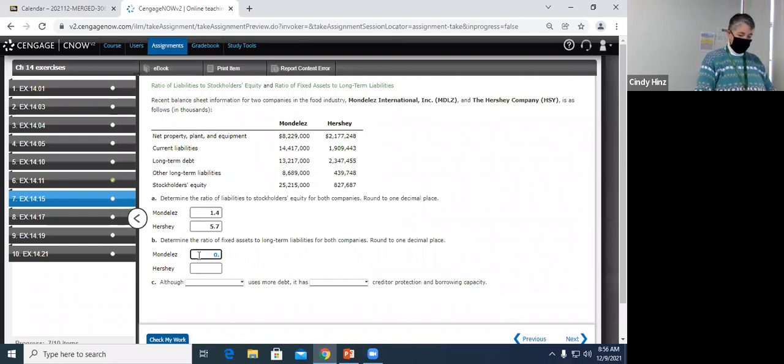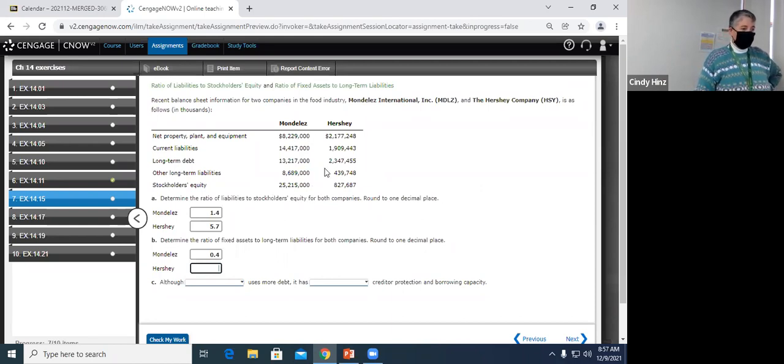And we're asked to round to 1 decimal place. So I added together the 13,217,000 plus 8,689,000. Added those together. That's the denominator, and I divided that into the 8,229,000. I got a ratio of 0.4 when we round it off. Again, I can't say whether that's good, bad, or anything else, because I need to compare it to something. And so we're going to compare it to Hershey.